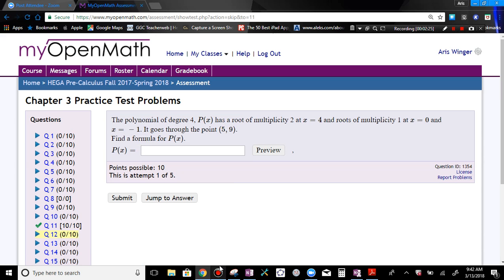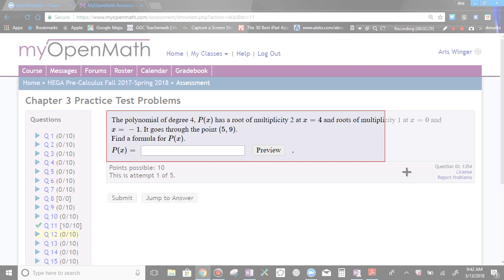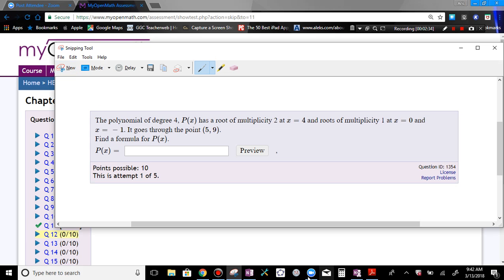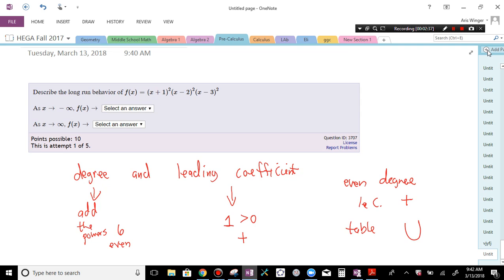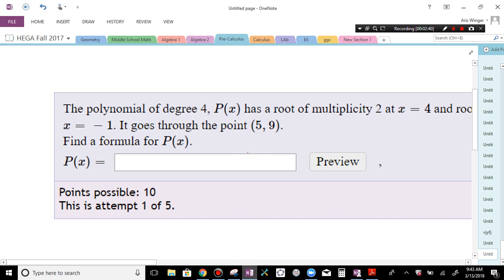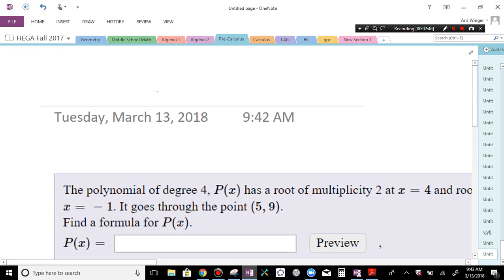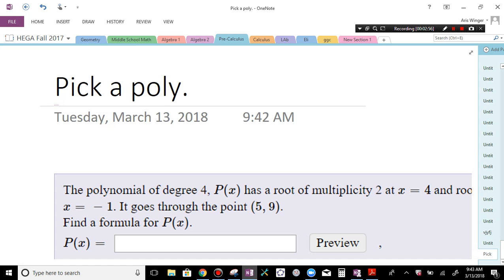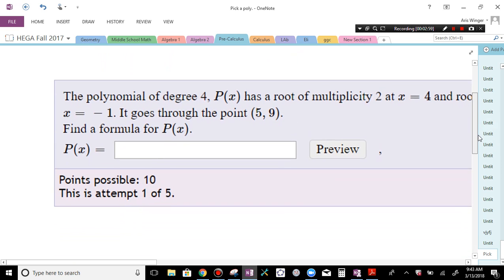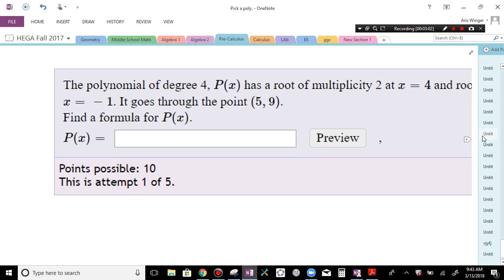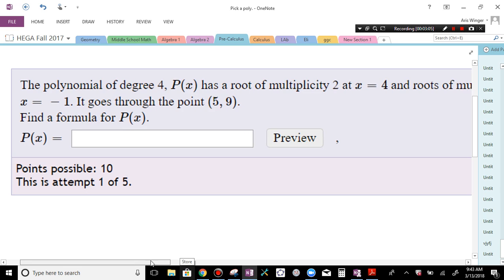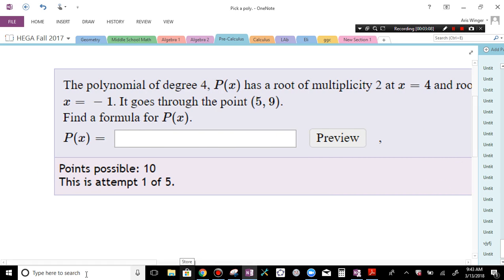12. Oh, here's where it gets fun. Here's a polynomial, degree 4. Okay, so pick a polynomial.